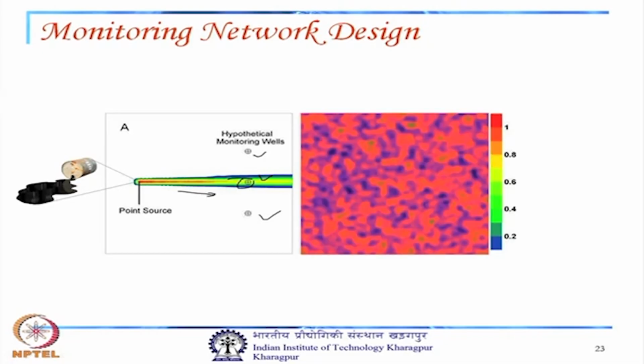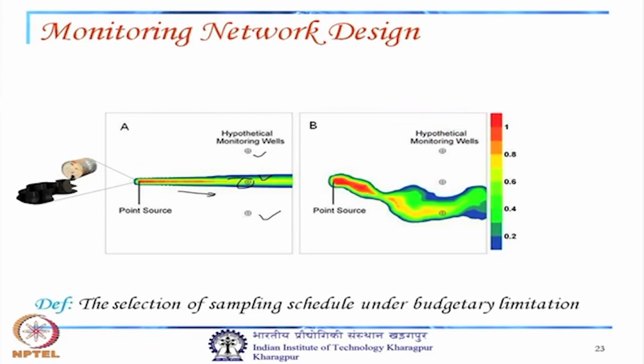But in reality the situation is different. Our soil is highly heterogeneous, and due to that heterogeneity the point source may be detected by the third well, which is another well.